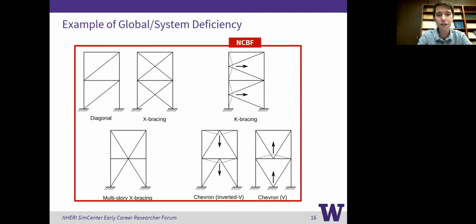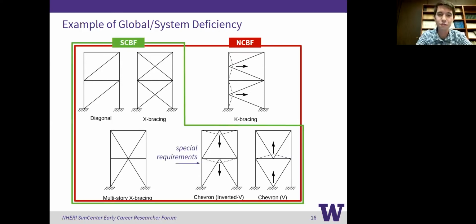So all of the frames here would have been compliant in terms of their configuration for an NCBF. We removed K-bracing for SCBFs, and then we have some pretty severe requirements for chevron brace frames in SCBFs. And so in the past, we didn't have any of these restrictions. So their performance and the way they actually look, if you're able to look at the frame itself, are very different.